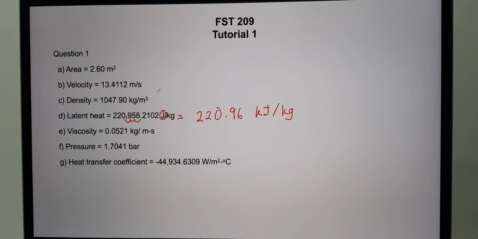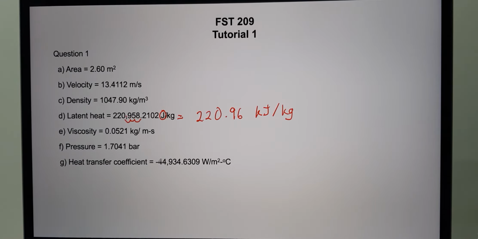Okay, alright, and then 1E, viscosity is 0.0521 kilogram per meter second. And then for F, pressure, this one I believe we have discussed during our last physical class. It is 1.70 for 1 bar. And then 1G, heat transfer coefficient, this one is negative 44,934.6309 watt per meter square degree Celsius.